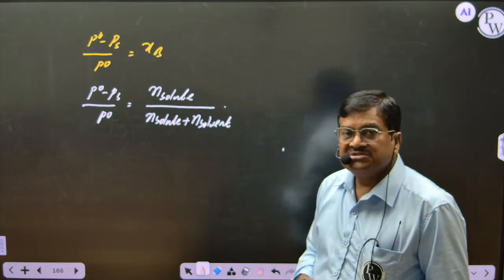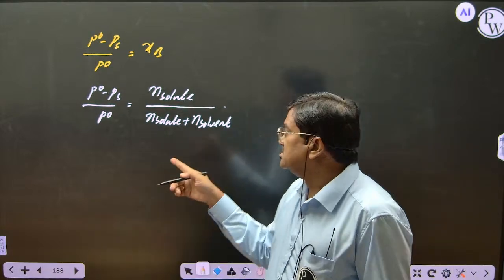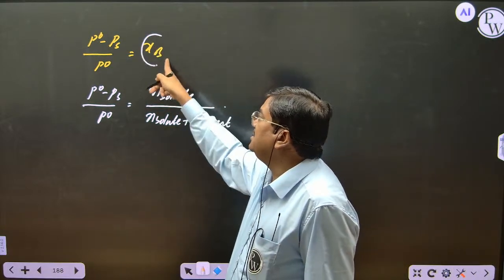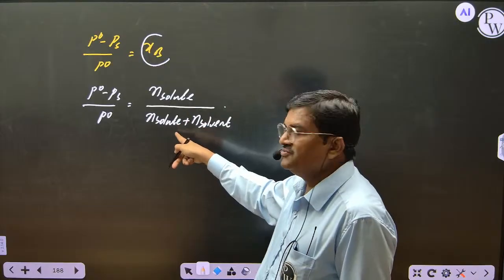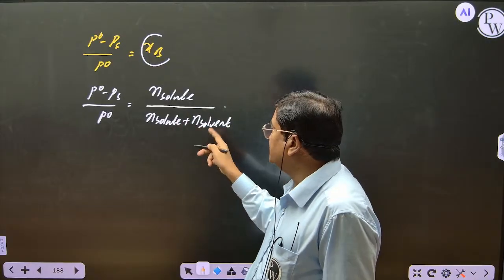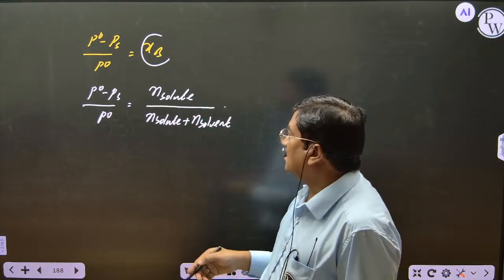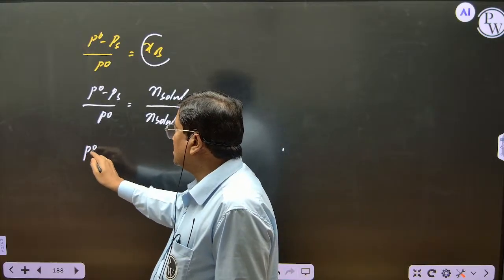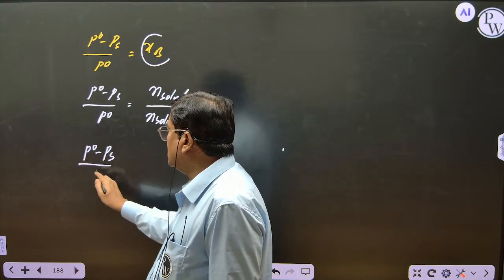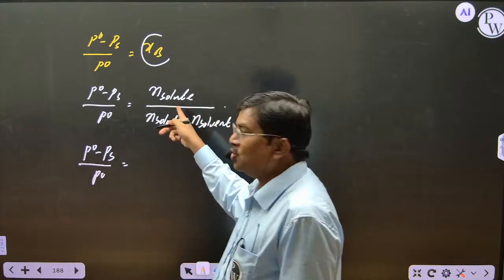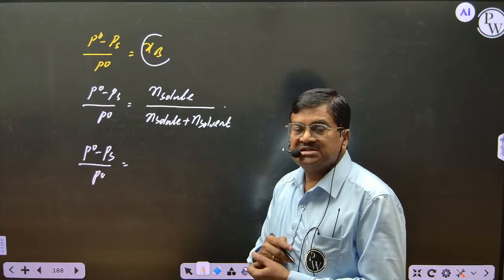Are you solving questions from solution, everyone? So in place of chi B we are introducing the number of moles of solute by the number of moles of solute plus solvent. How do you get moles? Mass by molar mass.